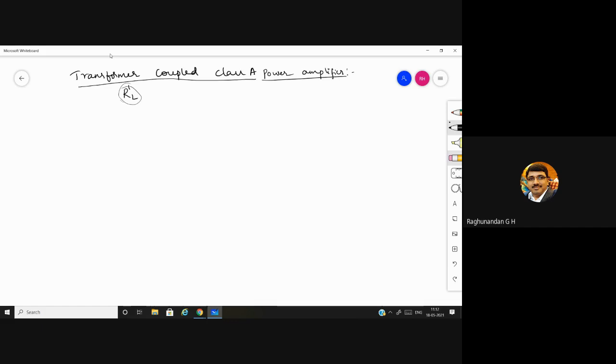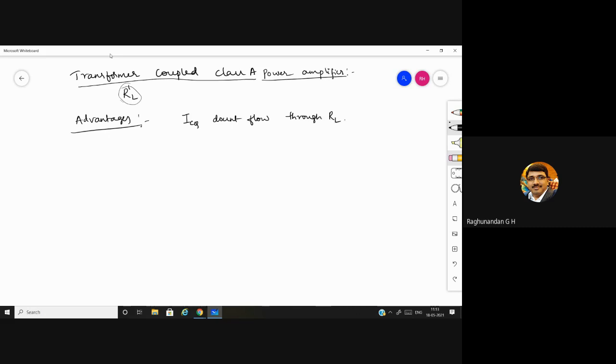Coming to the advantages of the transformer coupled class A amplifier, whatever we discussed. Here the quiescent collector current doesn't flow through the load resistance. It just flows through the primary of the transformer. ICQ doesn't flow through RL.